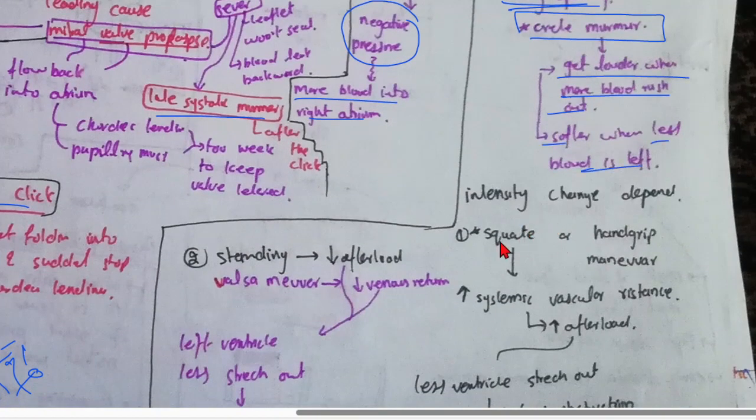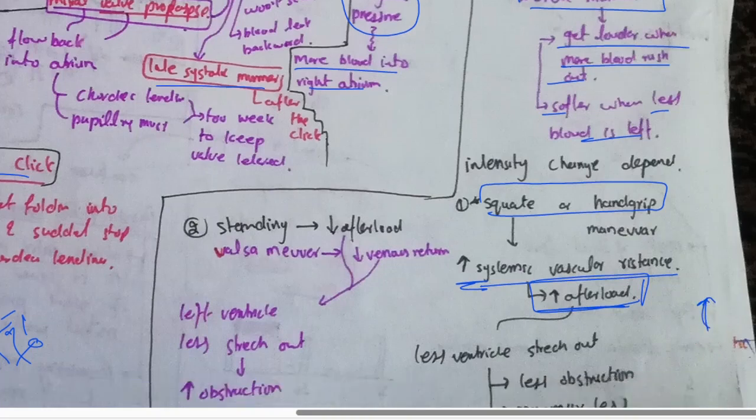The intensity changes depending on squatting and hand grip. I have already discussed how it can increase. In squatting and hand grip, the systemic vascular resistance increases, so the afterload also increases. Afterload means the pressure against which the blood needs to move from the ventricle to the aorta.